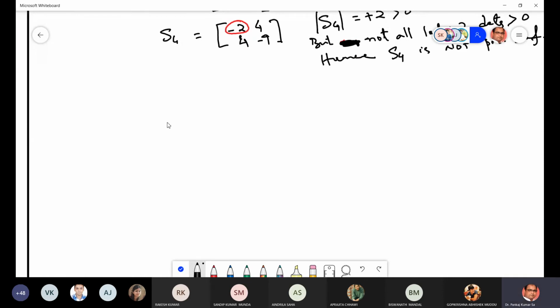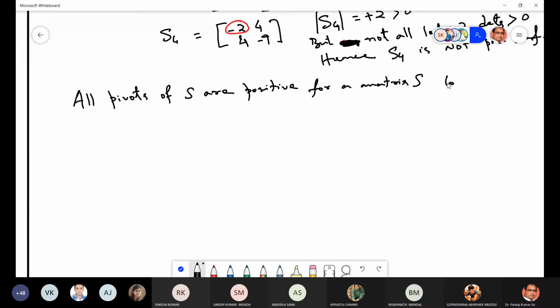It says that all pivots of S are positive for a matrix S to be positive definite.